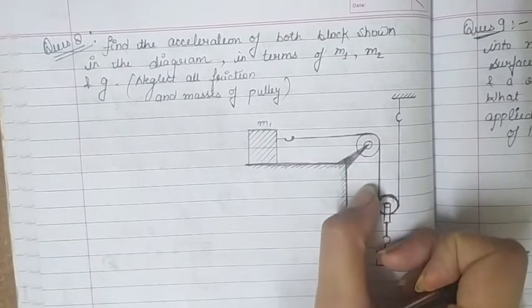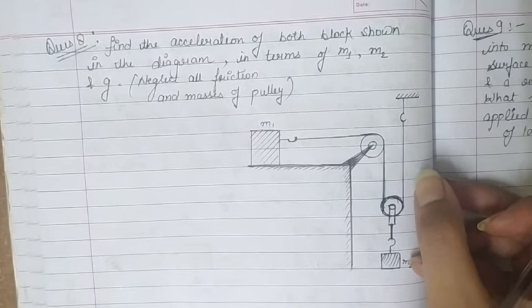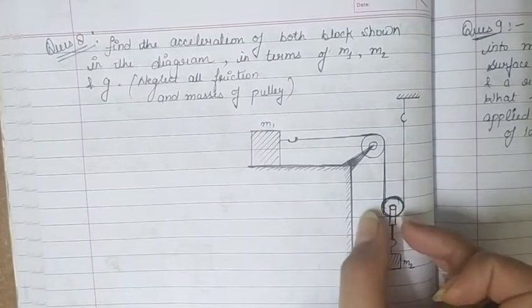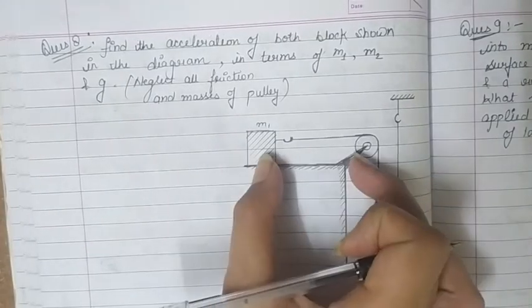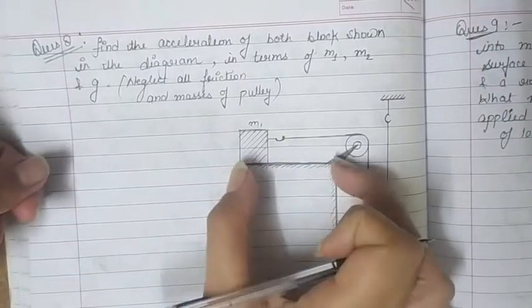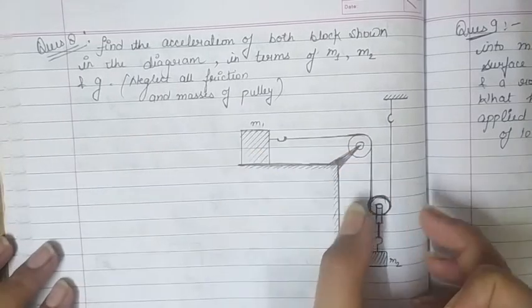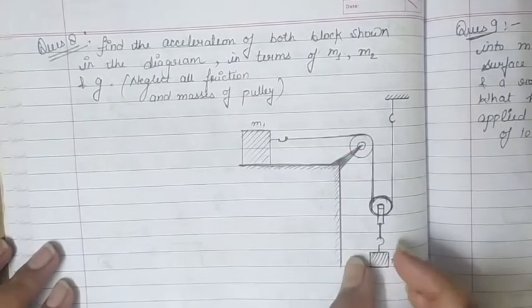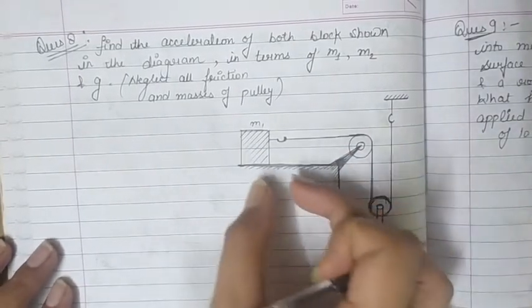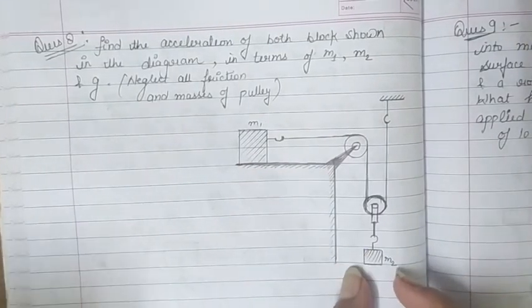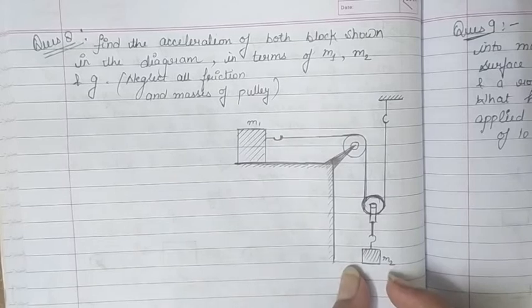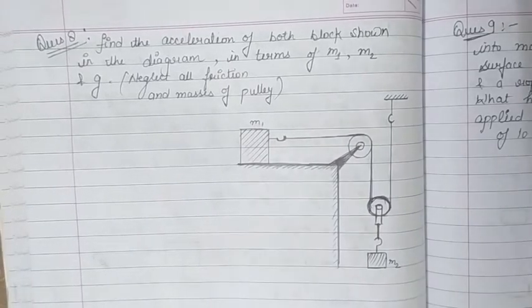So 5 meter from this and 5 meter from this will be reduced. So it will go upward by 5 meter only. That means if we pull this section by x meters, then this pulley will move upward by x by 2 only. So if this object has acceleration a, then this object will have acceleration a by 2. This is the point that we have to note in this question.